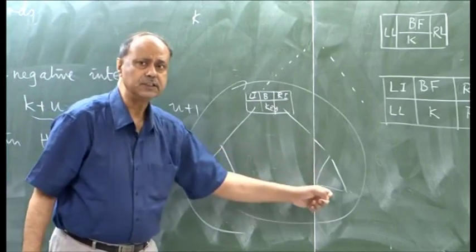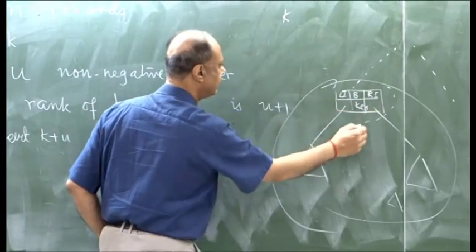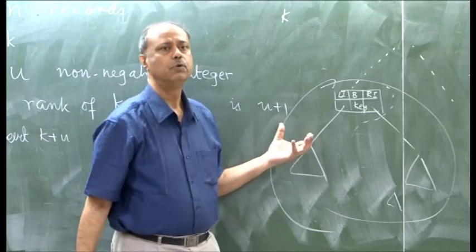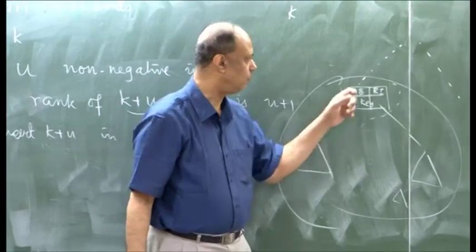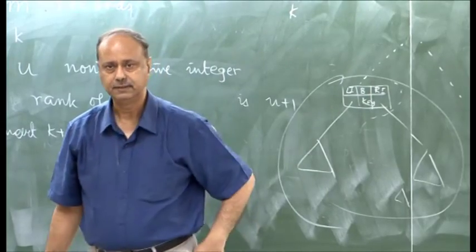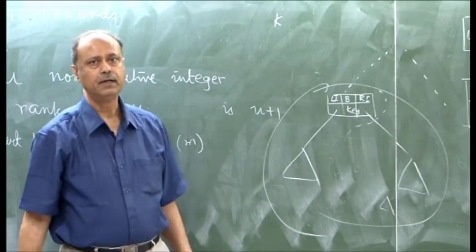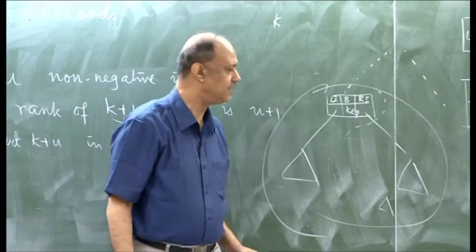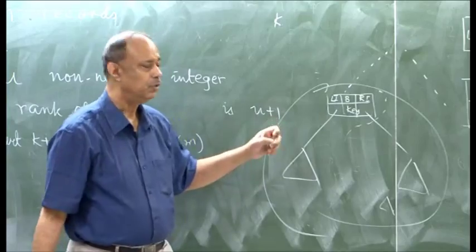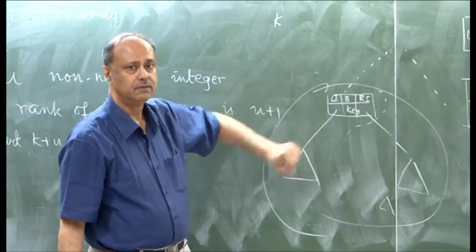Now, if it follows this path, then at least this many nodes will be smaller than whatever you are going to insert, because k plus u will be on this side. Is it okay? That means u will be at least this many nodes, right?